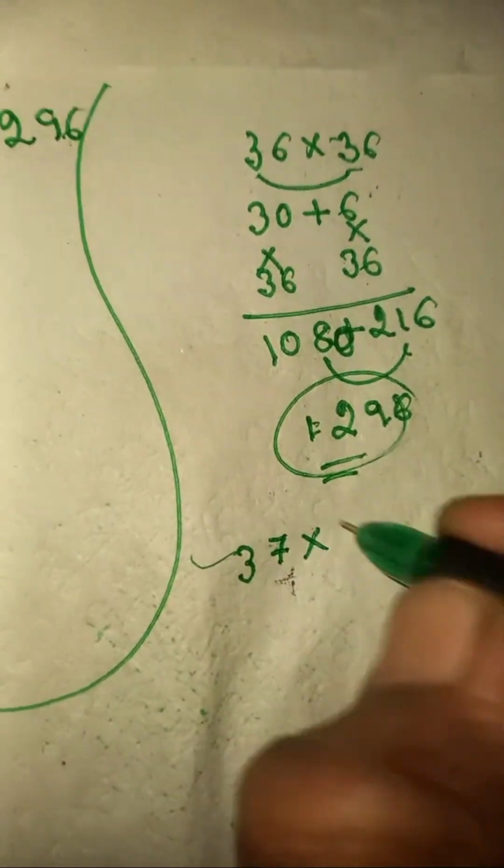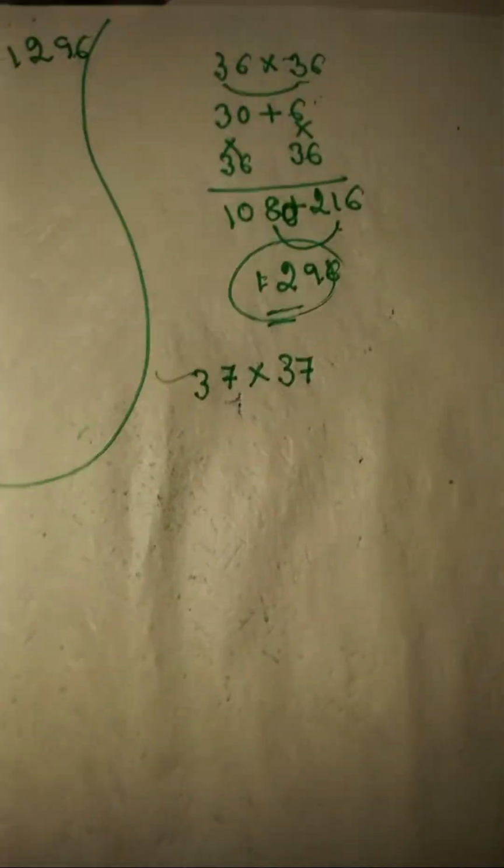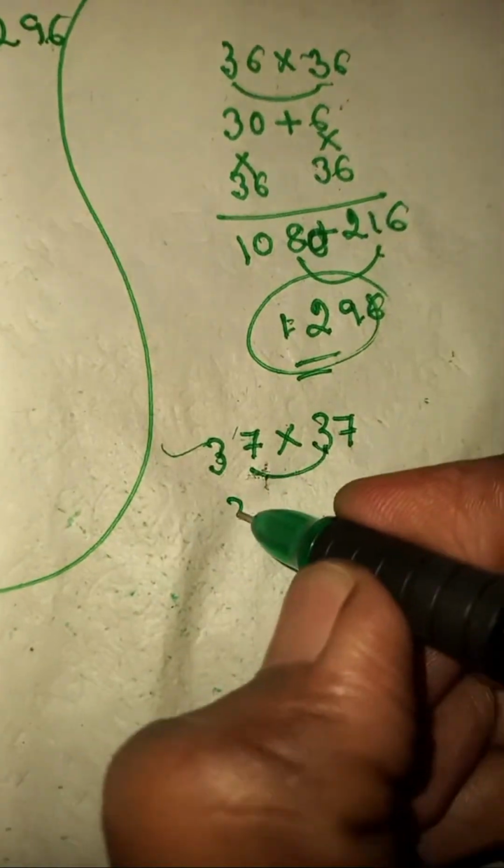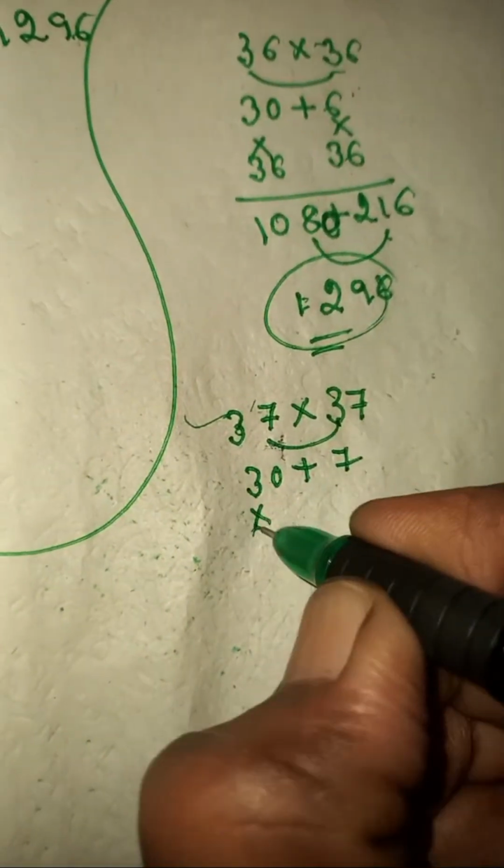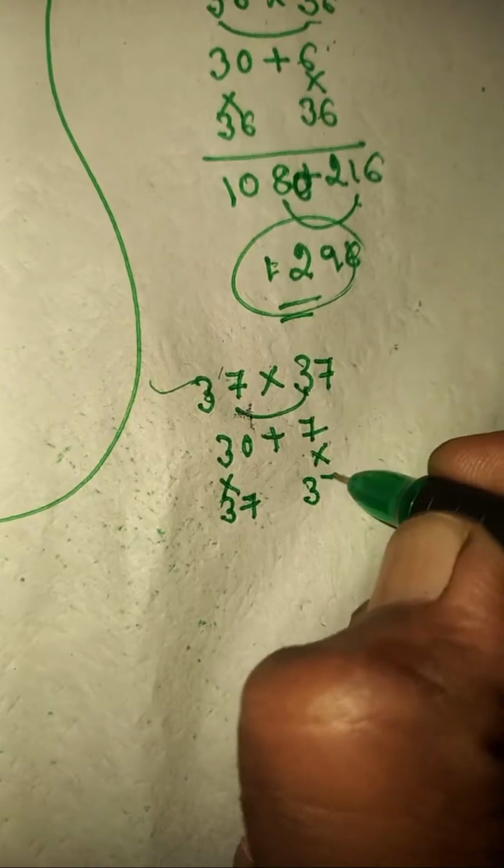And 37 square. Here you're going to get 37 times 37. Now also split in the same way, 30 plus 7, here also 37, and here also 37.